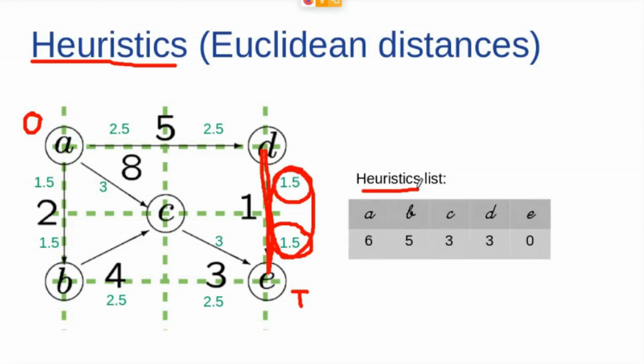So the heuristics, like a rule of thumb consideration on how much it costs of going from D to E, is 3. So if this is a road, but you could fly, if you could go directly from D to E, you would have a total cost of 3.